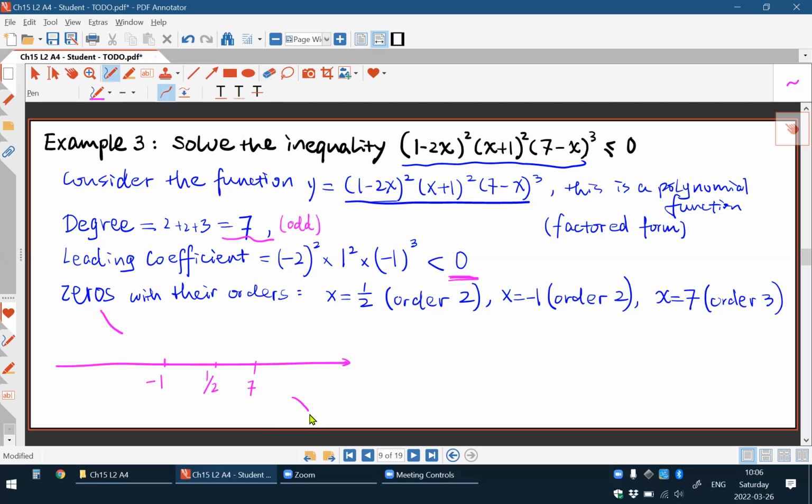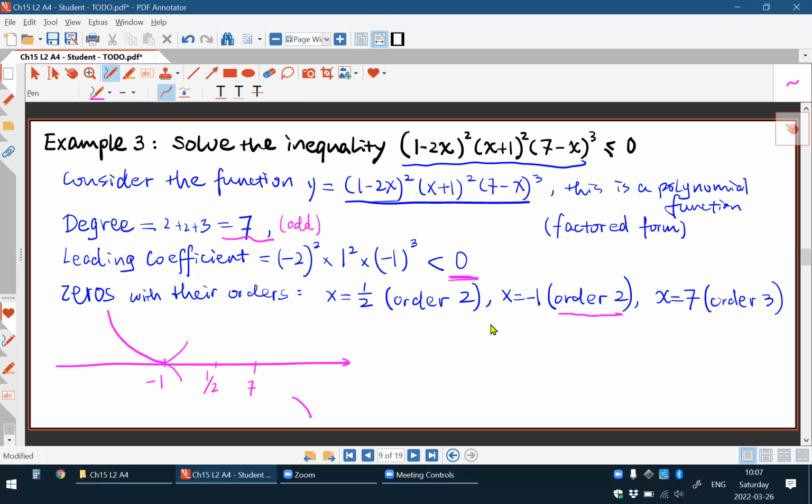Then we need to sketch the behavior in the middle. First of all, as x increases from -infinity, first it will come to -1, right? Whether it goes this way or this way depends on the order at this zero.